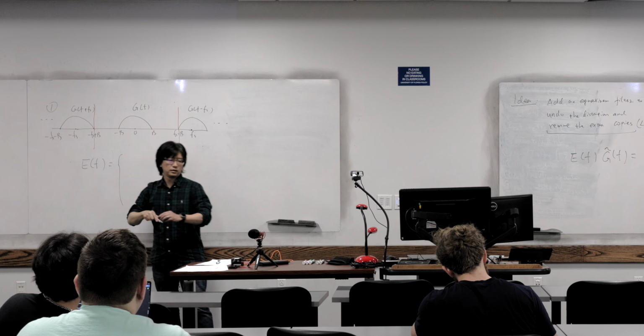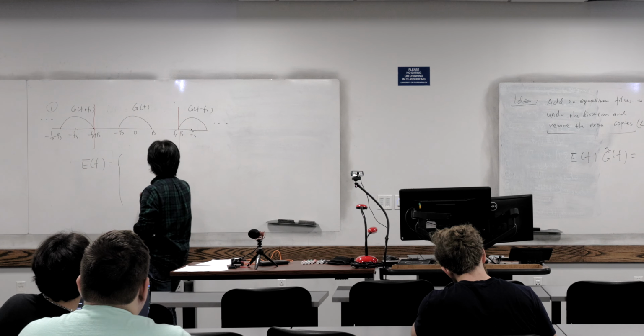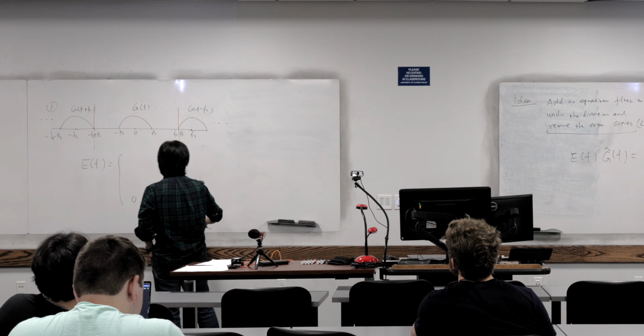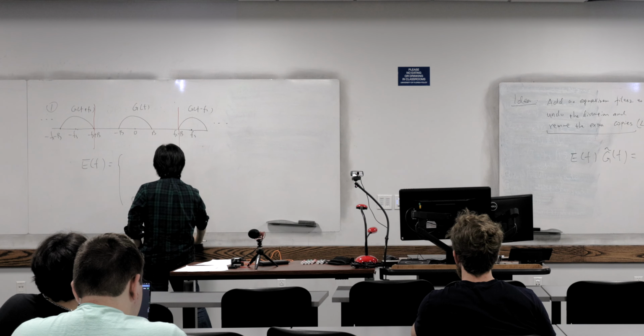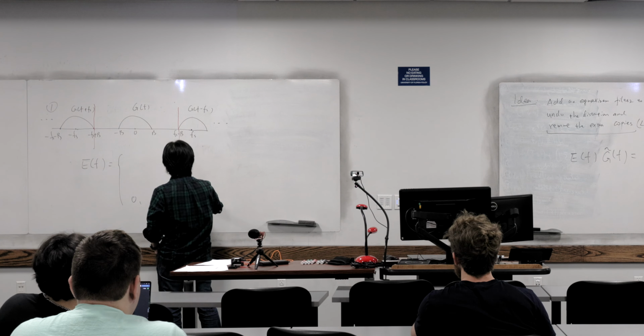So we need to have a 0 here if f is bigger than this point, that is, if the absolute value of f is bigger than fs minus B.